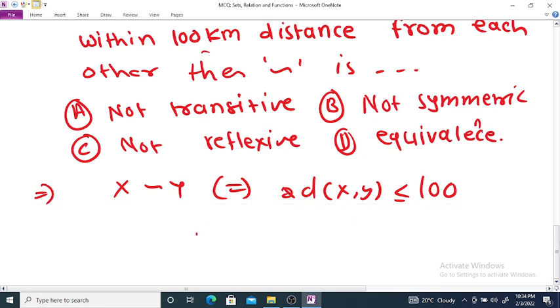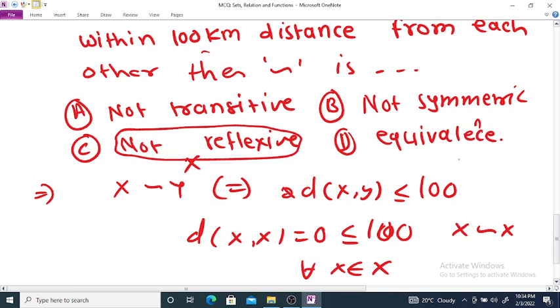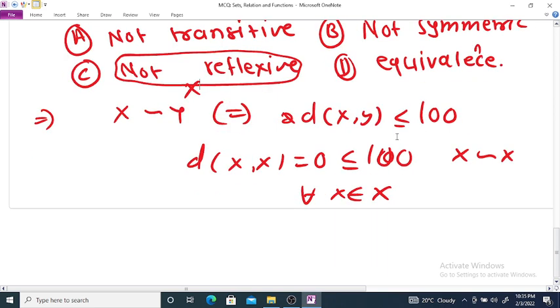Because the distance between x and x is equal to 0 and which is less than or equal to 100, and therefore x related to x for every x from set X, therefore it is reflexive, and therefore this is a wrong option. Then whether it is symmetric, yes, it is also a symmetric relation.